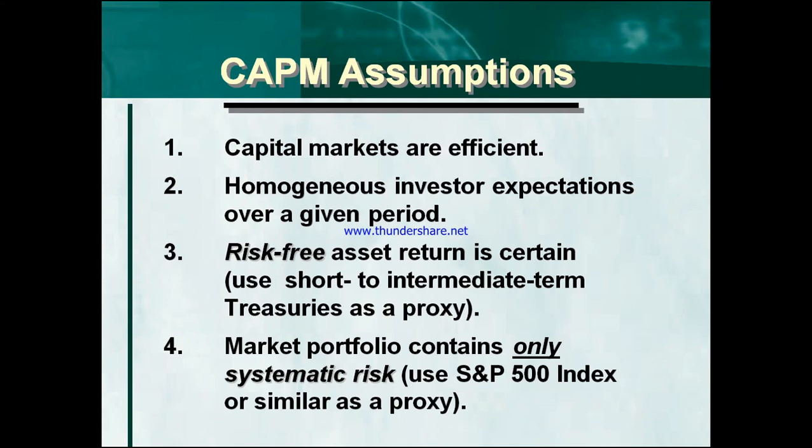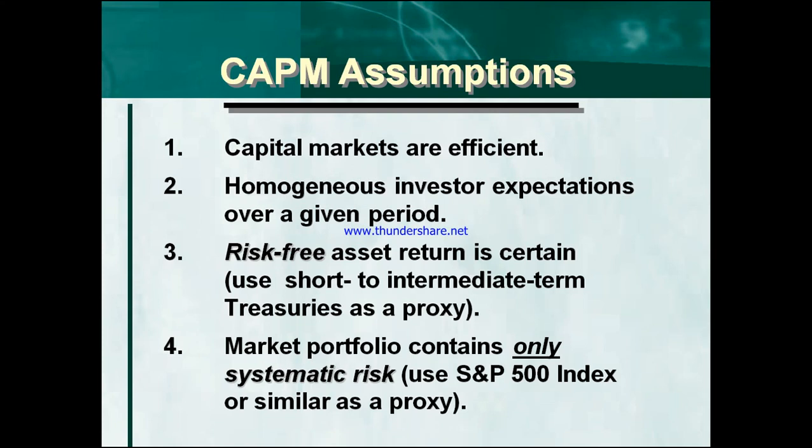The first assumption is that capital markets are efficient, not inefficient. The model also assumes that investor expectations for a given period are homogeneous, not heterogeneous. Homogeneous means the same. A risk-free asset return is certain; use short to intermediate term treasuries as a proxy.